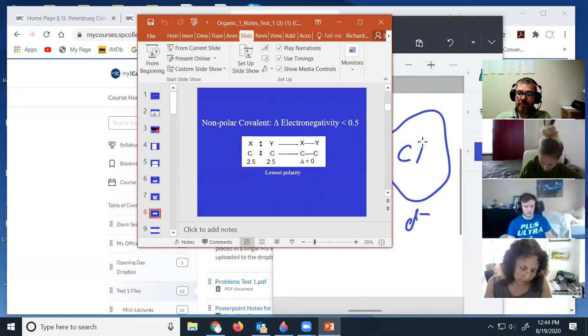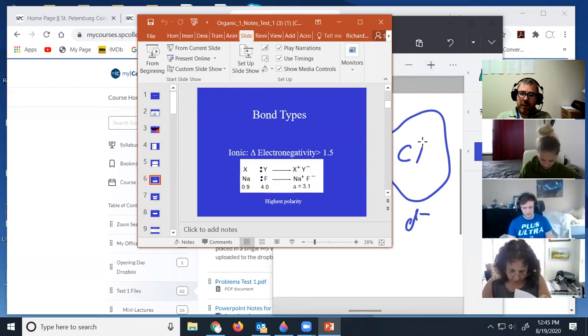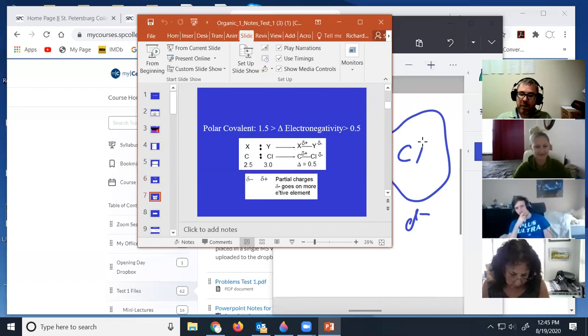So the greater the difference in electronegativity, does that mean the bond is going to be stronger as well? Stronger, yeah, I'd say that's probably true. I'd say the strongest bond types do tend to be the ionic bonds, and I know this because ionic compounds tend to melt at very high temperatures. It takes probably thousands of degrees to melt something that's ionic, whereas covalent compounds tend to melt a lot lower, in the 100, 200 degree range.